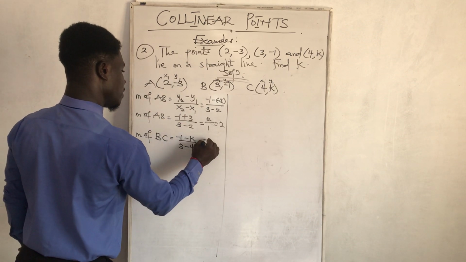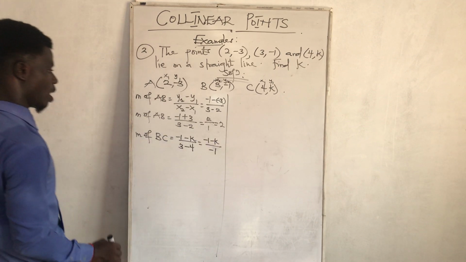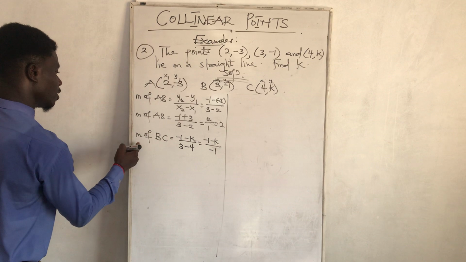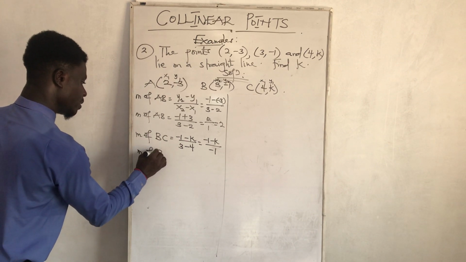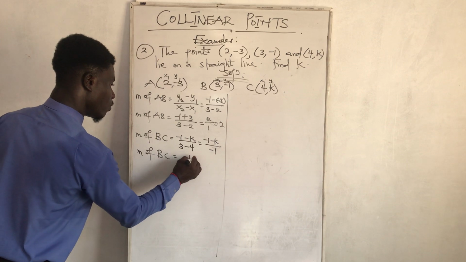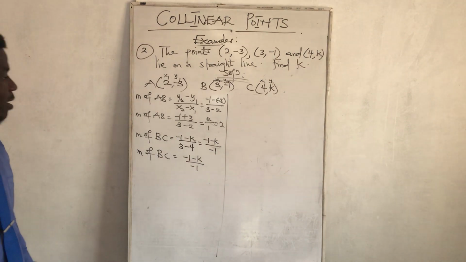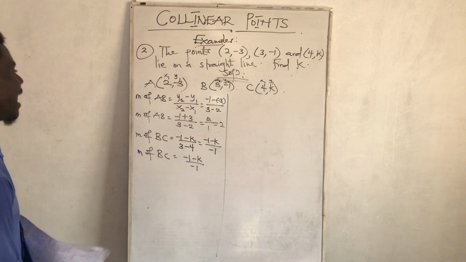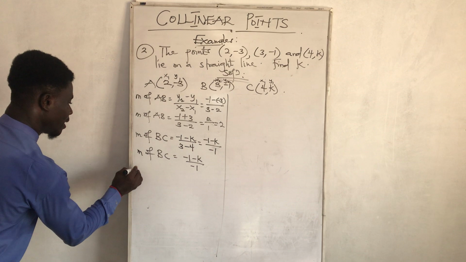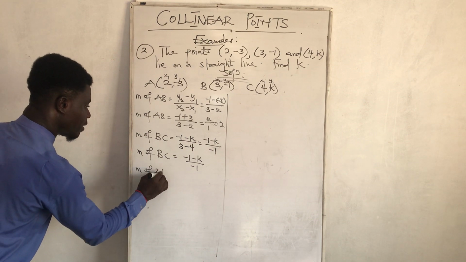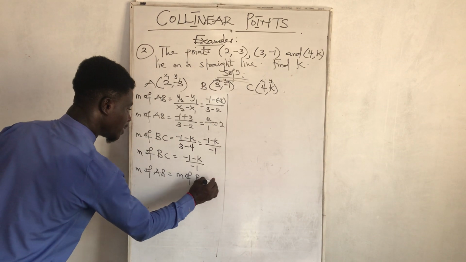So I have -1 minus k, all over -1. So the gradient of BC is equal to -1 minus k all over -1. Now, since they are collinear, their gradients are the same.